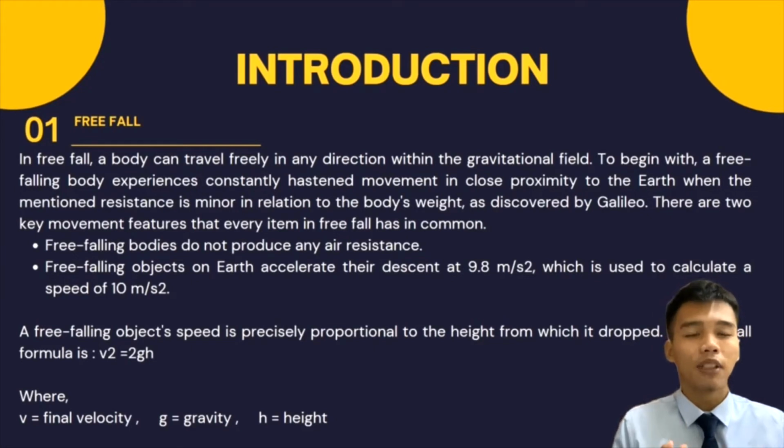For your information, a free-falling object's speed is proportional to the height from which it drops. The free fall formula is v squared equals 2gh, where v is final velocity, g is gravity, and h is height.